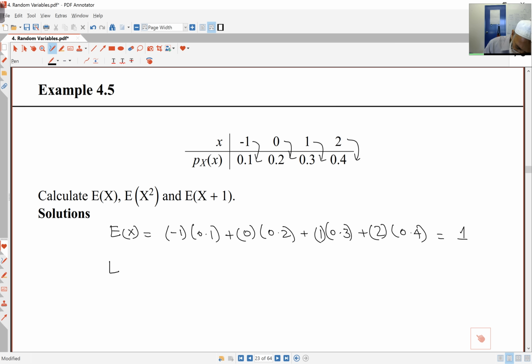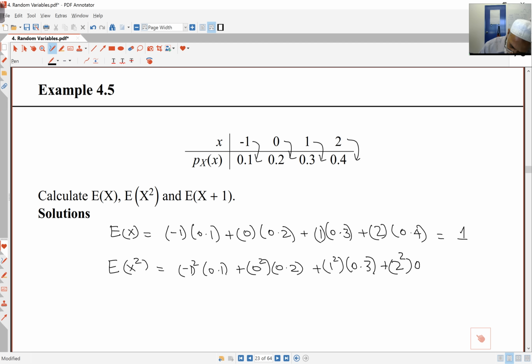If I want E of x squared, all that changes is that I'll square their values first. So it's negative 1 squared, be careful, the negative sign is inside the square, 0 squared, then 1 squared, and then 2 squared times 0.4.